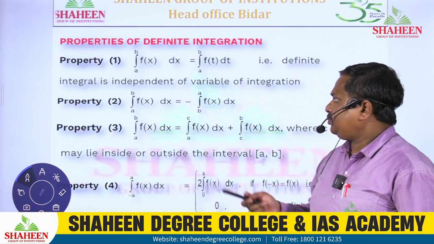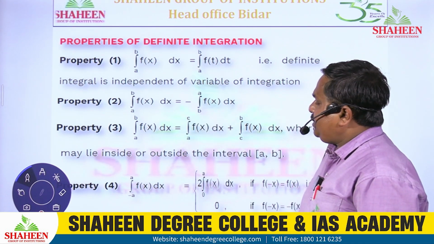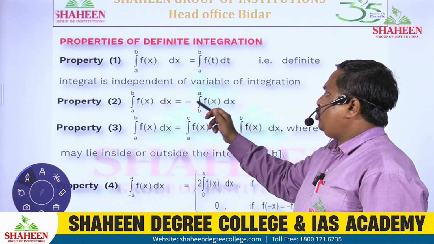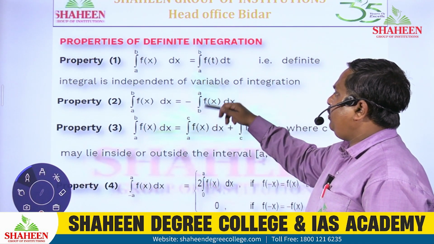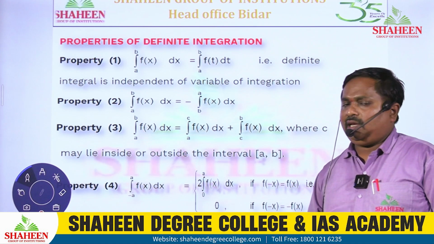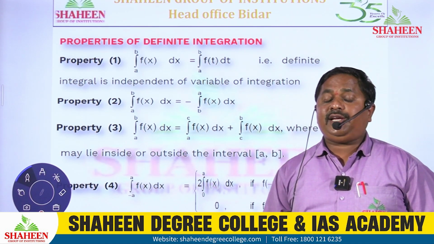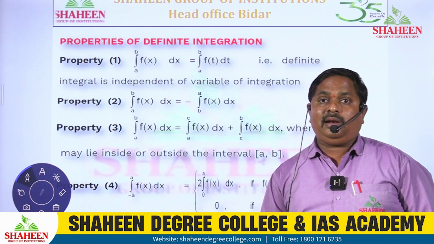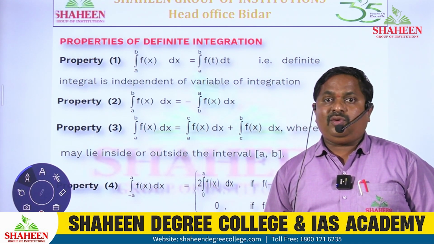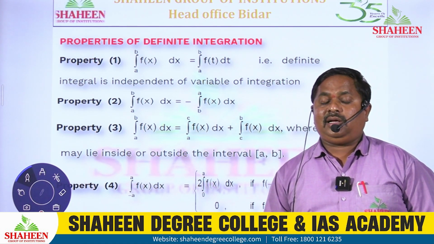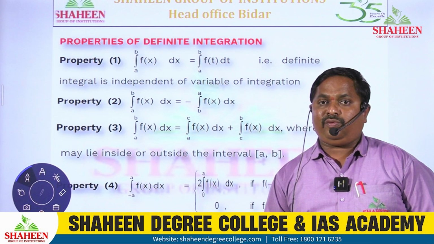Next, the second property: integration from a to b f of x dx is equal to minus integration from b to a f of x dx. It means that if we interchange the limits of the integrable function, then the sign of the integration value changes.